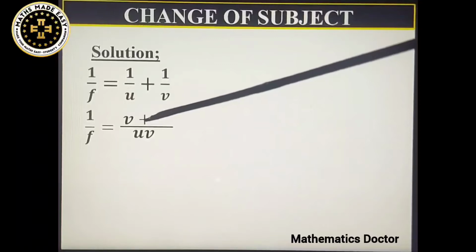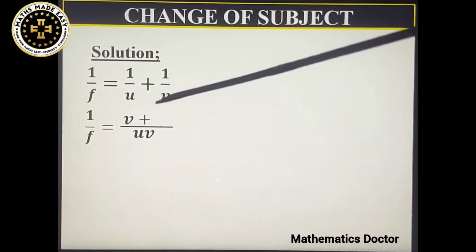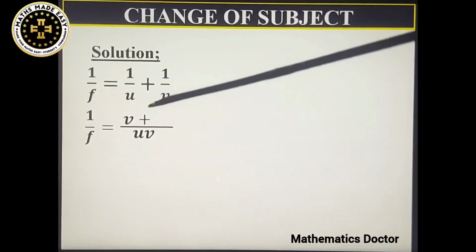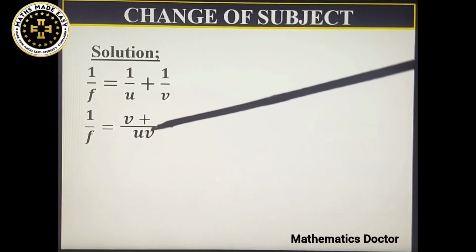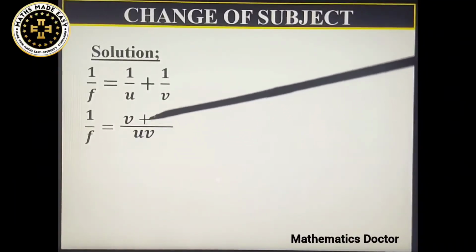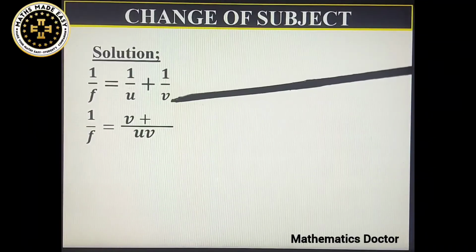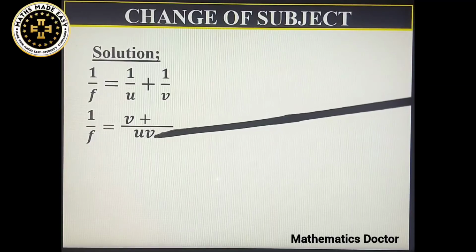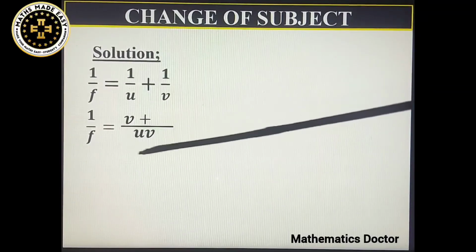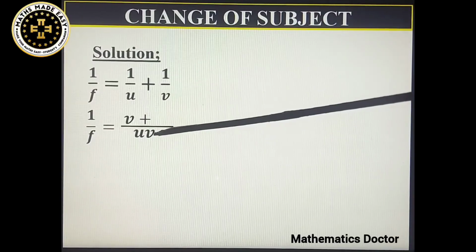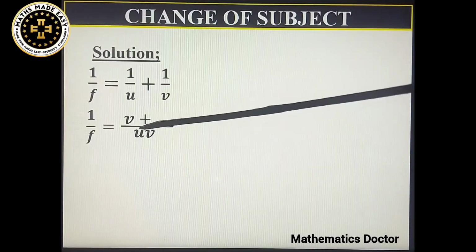Bring the addition sign. Now over here, use the v at the denominator for 1 over v to cancel or divide the v at the LCM level. So v cancels or divides v into 1. Then 1 will multiply u, so remaining with u.